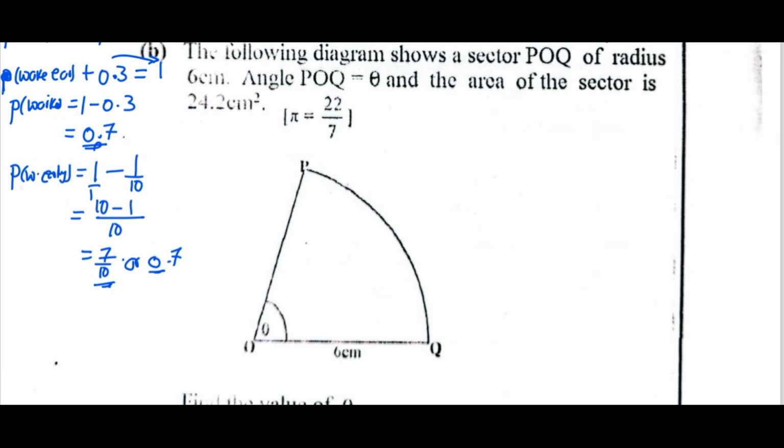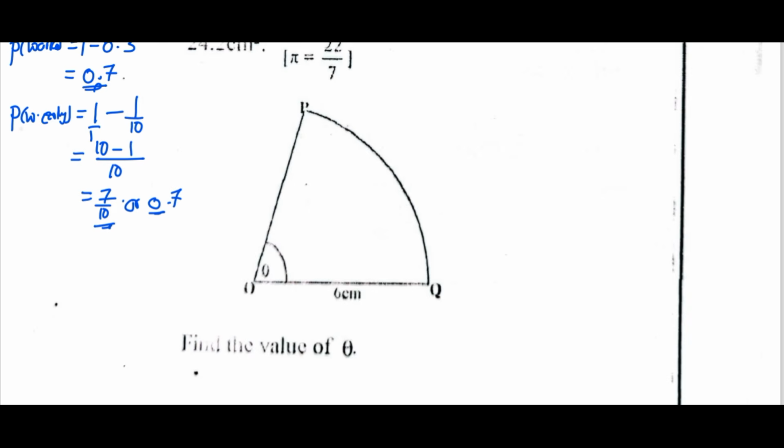Then we can now go to question B. The following diagram shows a sector POQ of radius 6 centimeters, angle POQ theta, and the area of the sector is 24.2 centimeters squared. Then the question is, find the value of theta. Okay, so let's see.